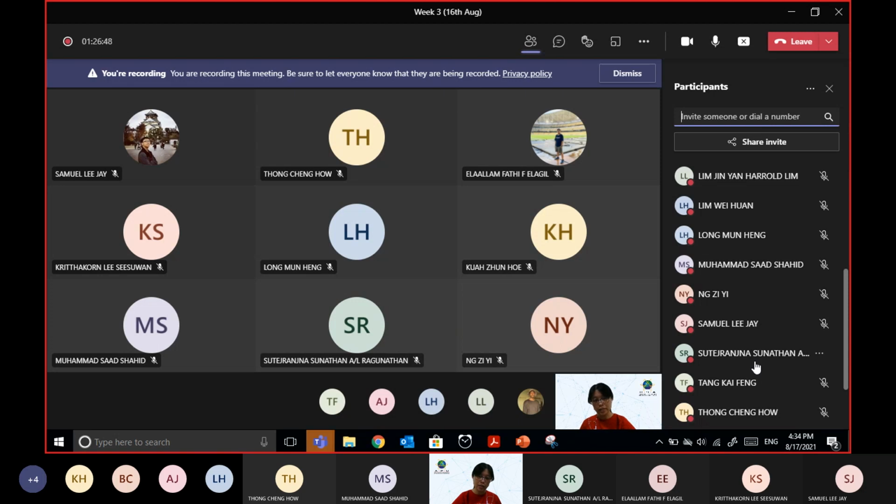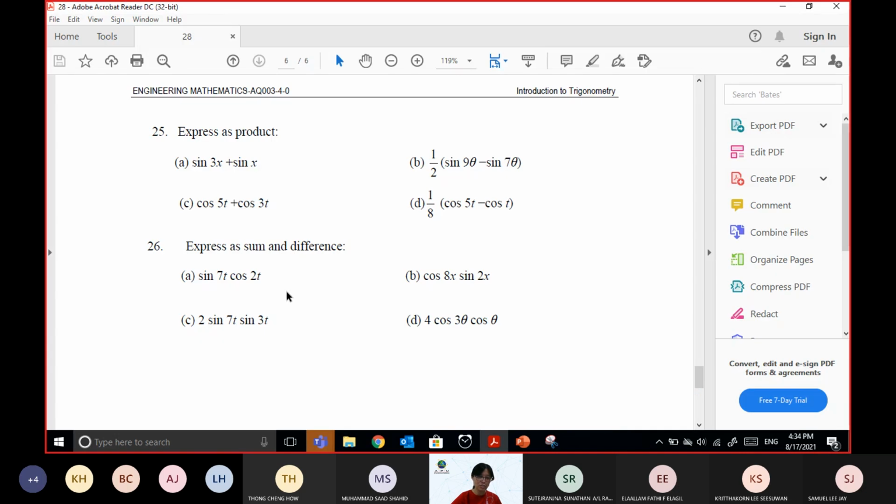Okay, Sutesh, the way that you use will be different. Are you using the way that you mentioned for other questions as well? Just for B and D. B and D, okay. But for C, you're just using the formula to convert, right? Can you show me the solution for C?